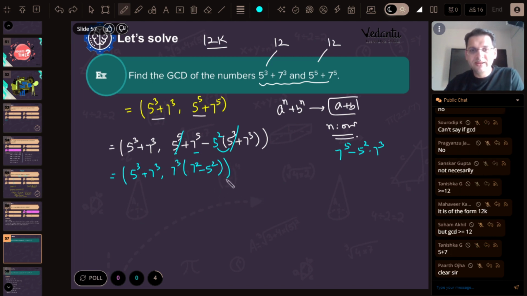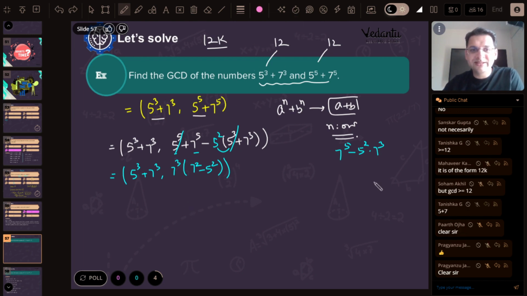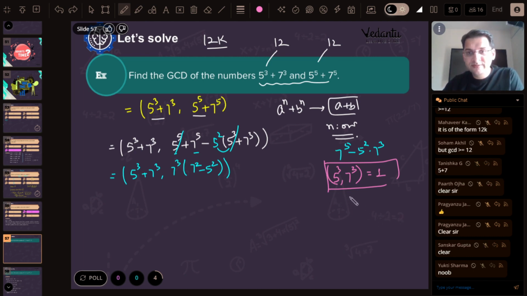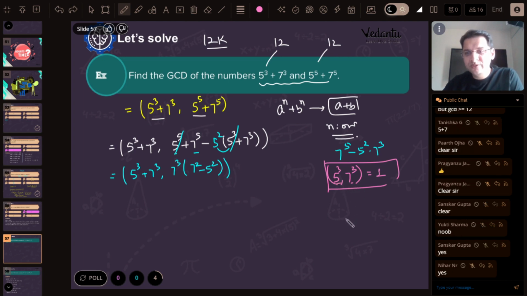Okay. Now, guys, one more thing you need to learn and remember in solving questions like this: can I say 5 cube and 7 cube have a GCD of 1? Yes, they are both prime, no?